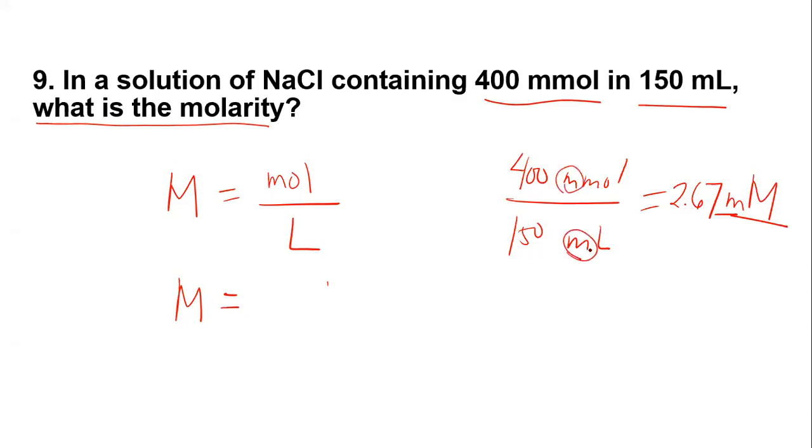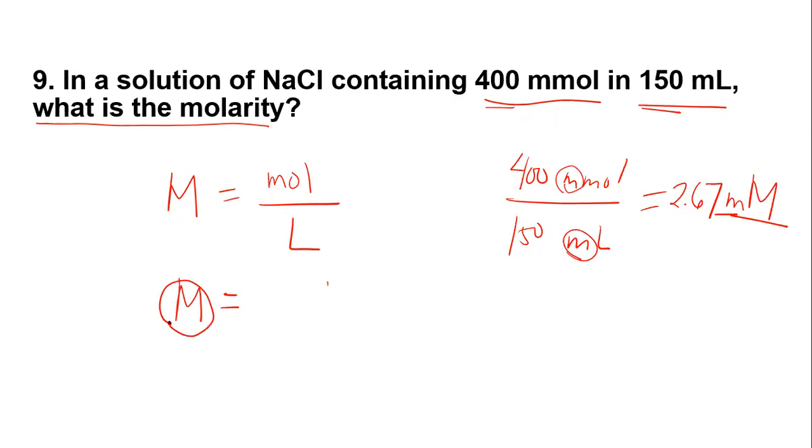Okay? So, kapag gusto mo na molar, again ha, kapag gusto mo na molar ang makuha mo na answer, you still need to convert these two into their moles per liter na unit. Okay? So, itong si 400 millimole, kailangan mo muna i-convert to mole. Si 150 ml, kailangan mo muna i-convert to liters para makuha mo itong molar na unit.